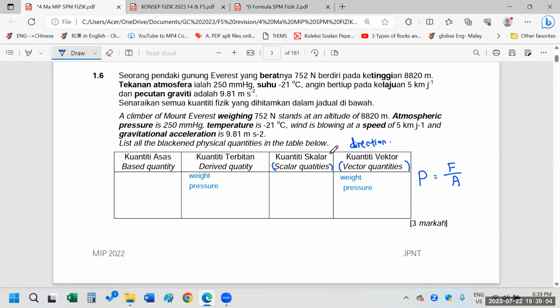Another way is we make the scalar quantity a positive sign and the vector quantity a negative sign. So vector is a negative sign. Area is a scalar quantity. Negative times positive becomes negative. So pressure is also a vector quantity.